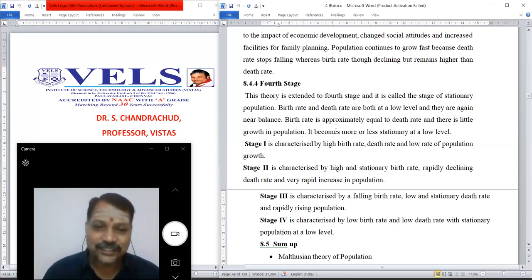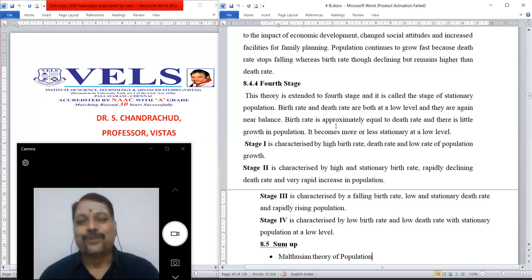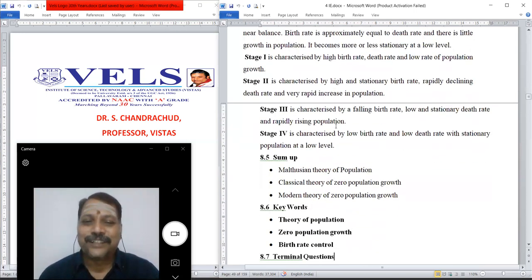In the third stage, we saw a falling birth rate and stationary death rate, so a rapidly rising population. In the last stage, it is characterized by low birth rate and low death rate with a stationary population at a lower level. So, in this class, we have studied three different theories.